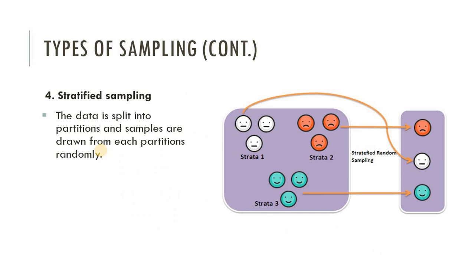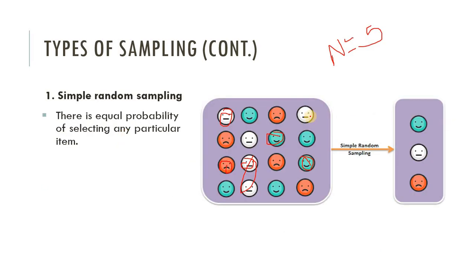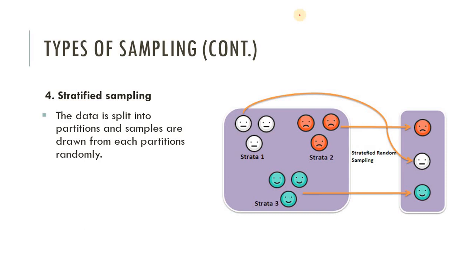Fourth is stratified sampling. The data is split into partitions and samples are drawn from each partition randomly. Suppose we have data samples like this. From that we are grouping the same data into clusters. So first we are doing the clustering.